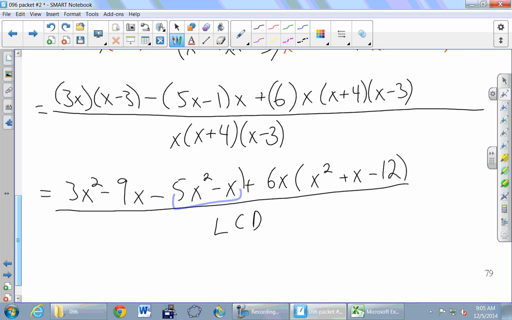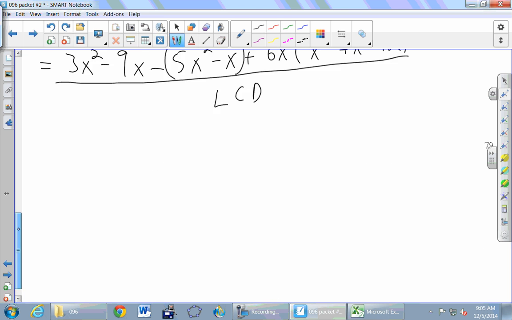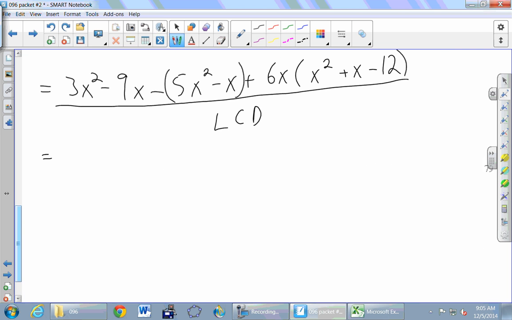So it's still in the bag until I have subtracted the entire thing. It's going to become a plus x. Okay, so here we go, equals. So now we're copying this guy. We'll distribute that minus sign throughout, minus 5x squared plus x, and then we'll distribute the 6x.